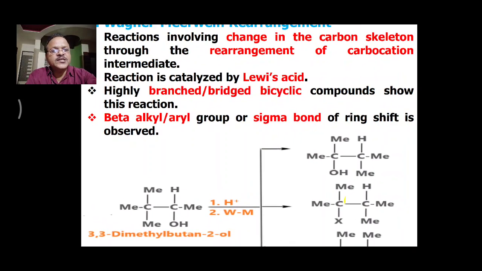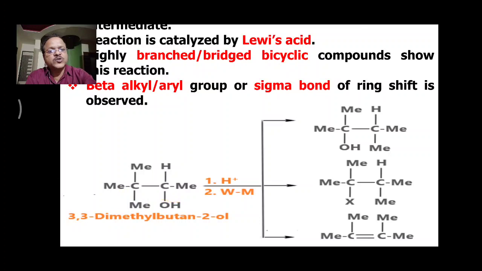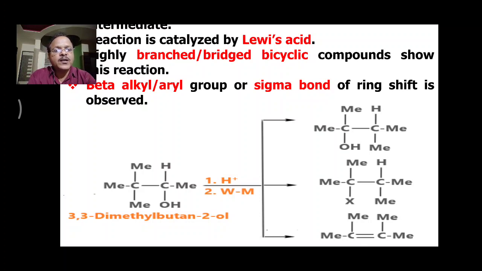Now let's see a specific reaction of Wagner-Meerwein rearrangement. This is a highly branched compound, 3,3-dimethyl-2-butanol. On reaction initially with Bronsted acid or Lewis acid, it forms a carbocation that gets rearranged to the more stable carbocation, and that is nothing but the Wagner-Meerwein rearrangement.